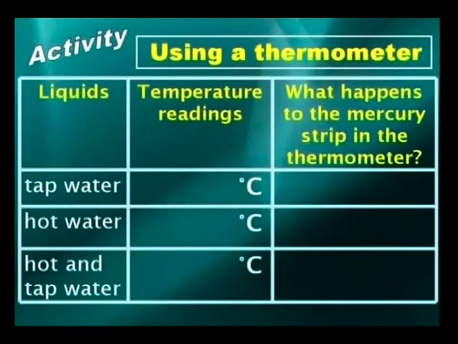All right, let's go back to our table. As you can see on the screen, we have tap water, hot water, and tap water that is warm water. We'll have group number 2 come and record their findings on the table, while the rest of the other groups, please pay attention.